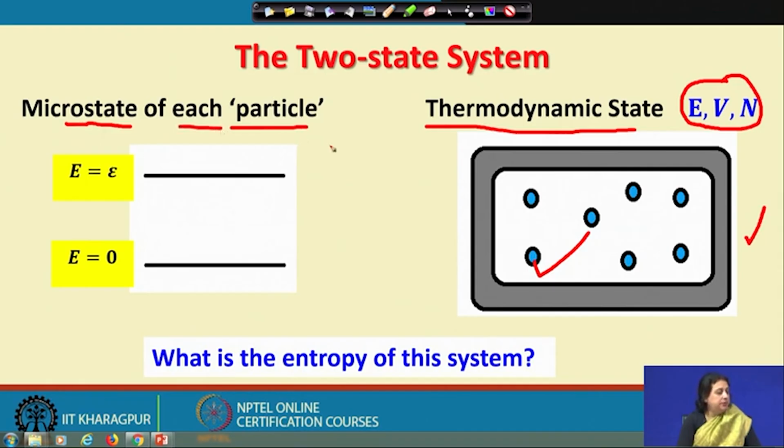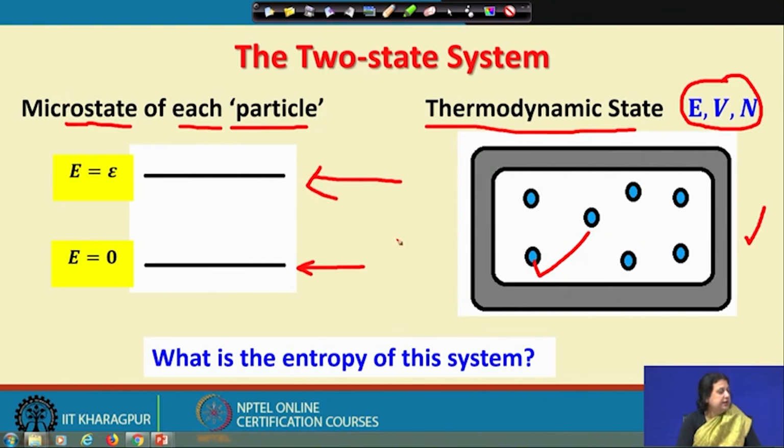And by my choice, we define that there will be two such solutions possible. The lowest energy eigenstate is the one characterized by an energy value of 0 on a certain scale, and there is only one more energy state possible, and that is energy equal to epsilon.